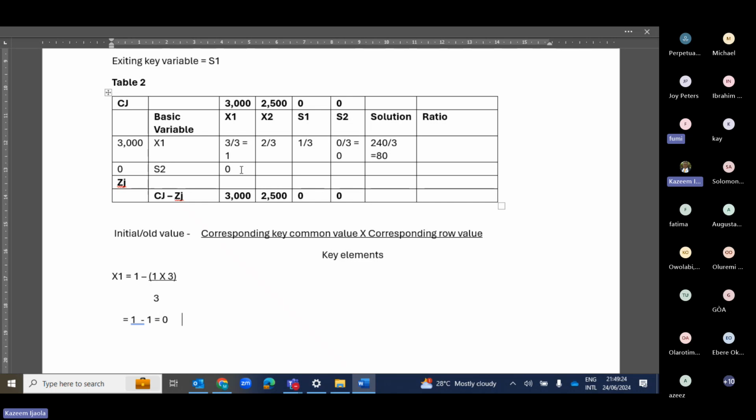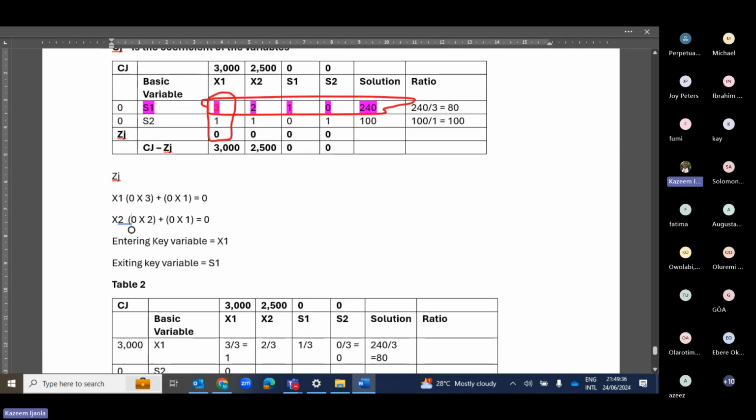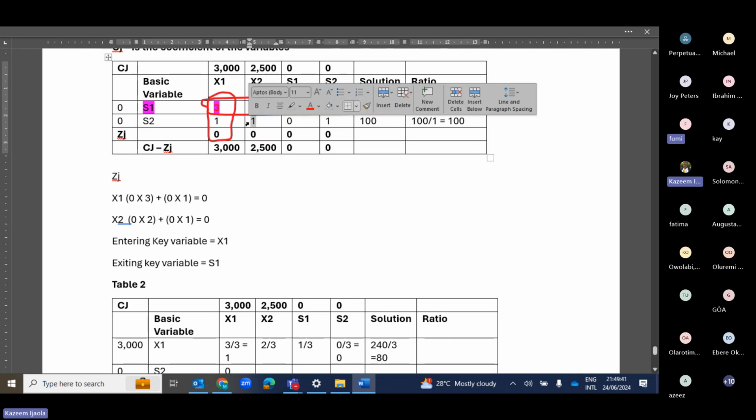Please, I need your support here. The second one is S2. Now for X2, from table 1, what is the current value of S2? The current value is this one that I put my mouse on.